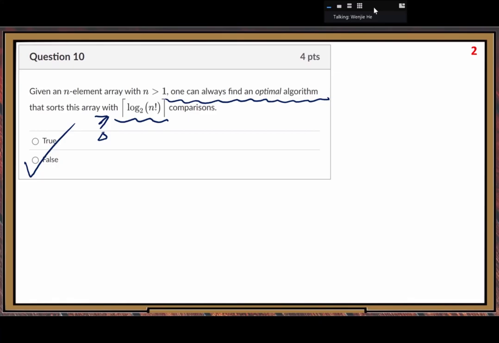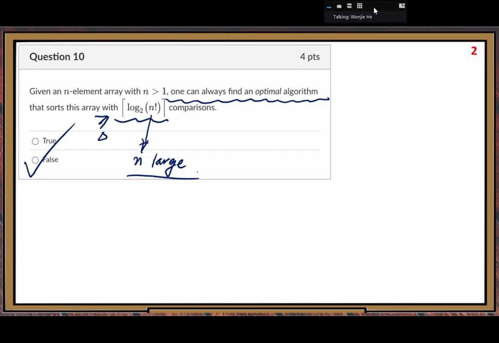All right? But another question, you have this lower bound. It does not mean you can reach this lower bound. Because reaching this lower bound is very hard when n is large. When n is small, we can do it. We did it. For n small number, 4, 5, even 6, 7, we can all make it.